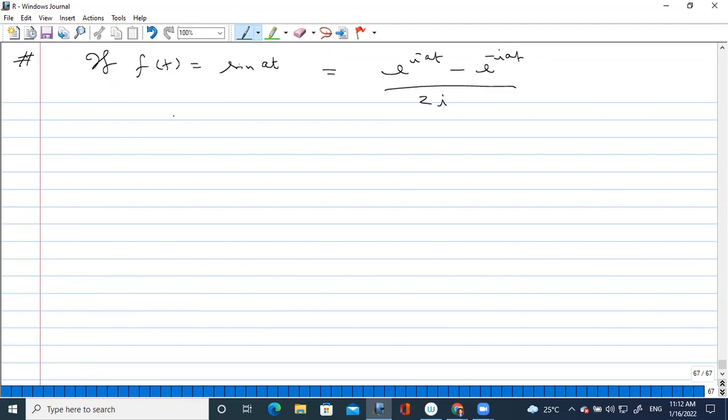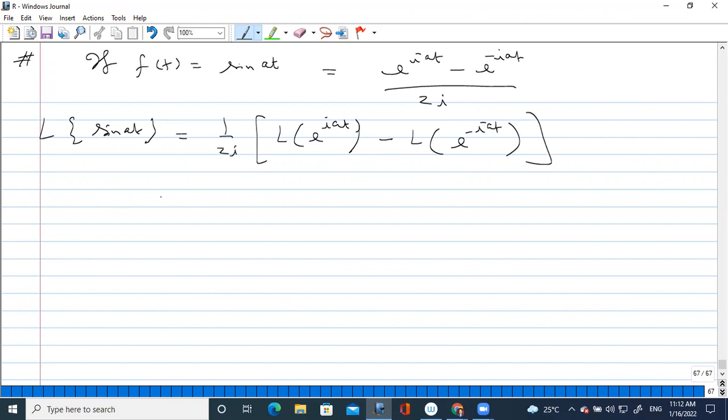Okay, so Laplace of sin(at) will be 1 by 2i common, Laplace of e^(iat) minus Laplace of e^(-iat).